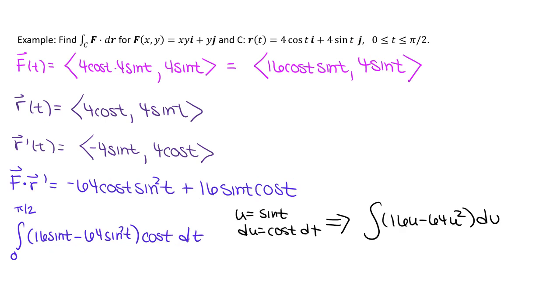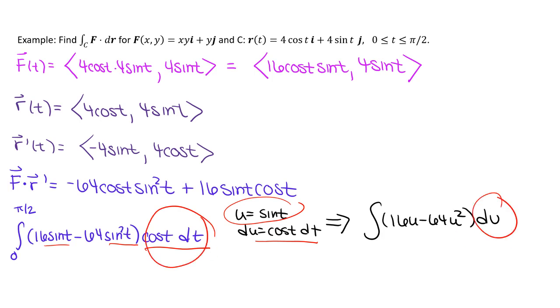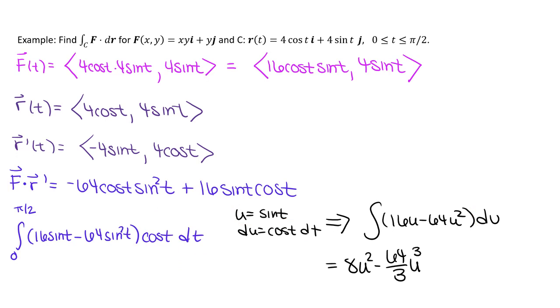The reason I did that was because then I could see this u substitution: if u is sine t, then du is cosine t dt. So I can rewrite this integral as 16u minus 64 u squared, and then I replace the cosine t dt with du. So I'm just using a u sub.